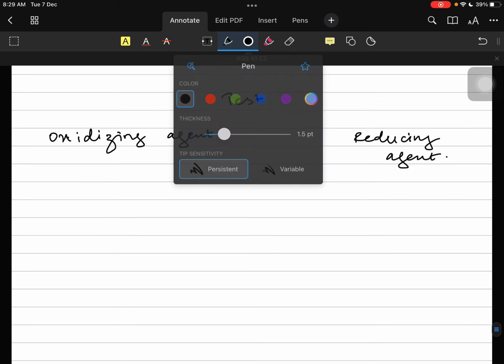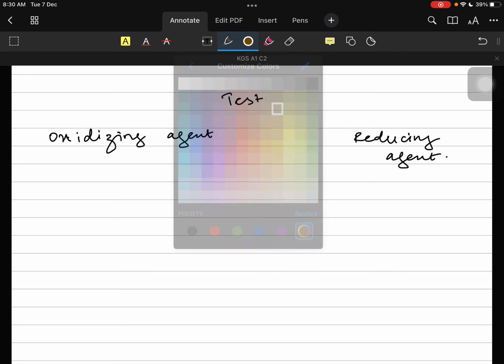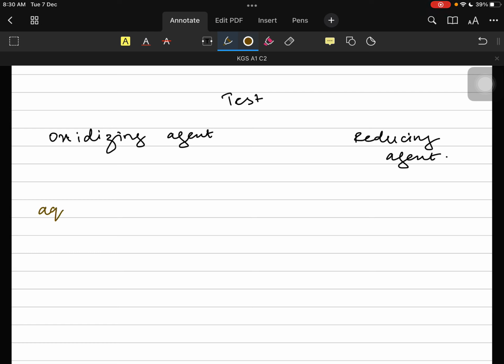For an oxidizing agent, the test is that you add aqueous potassium iodide, which is obviously KI. It changes from colorless to brown.